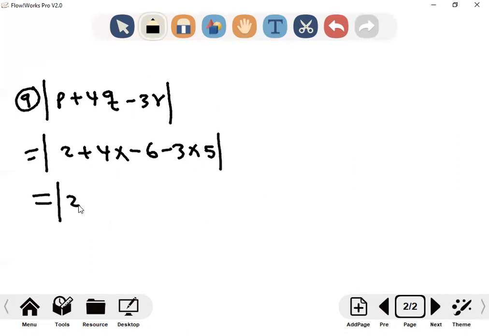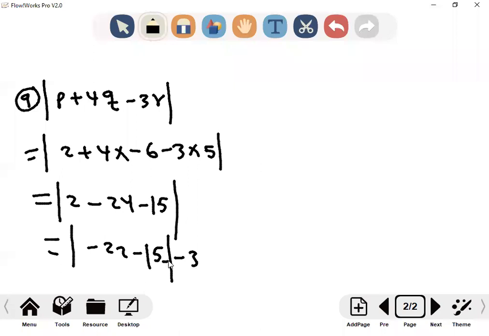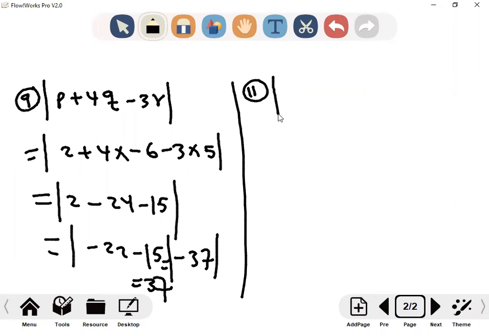This is equal to 2 minus 24 minus 15, which is 2 minus 4, minus 22, minus 15, means absolute value of -37, right? Which is 37 positive. Is it correct? Yeah.